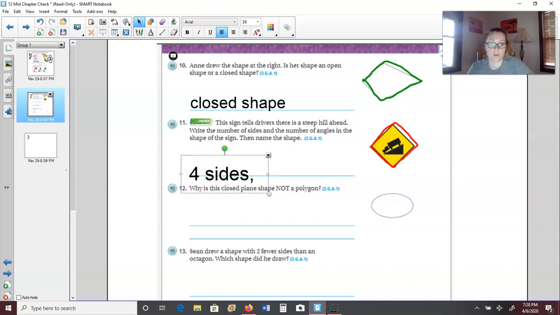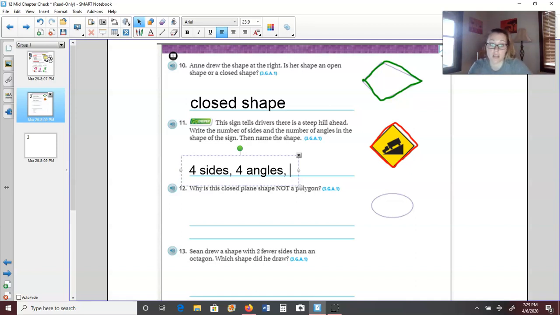If a shape has 4 sides, shout out how many angles it has. Ready? 1, 2, 3, 4. It has 4 angles. And if a shape has 4 sides and 4 angles, what is that special name we give it?